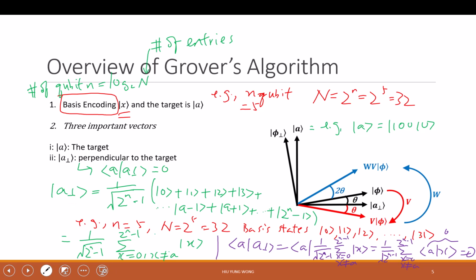But how do we ensure that the basis states are orthonormal? Here we already ensure it's orthonormal because we just use the normal basis states, for example, for n qubits. They have 0, 1, then you do the tensor product. So all the basis states are orthonormal.